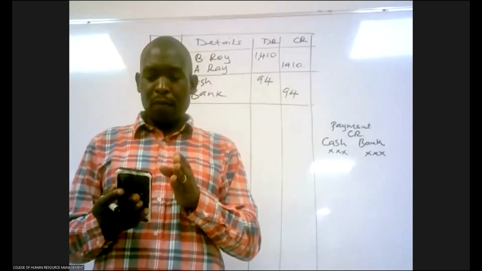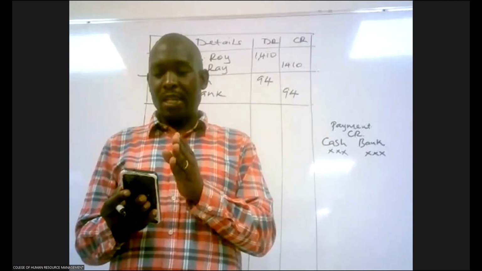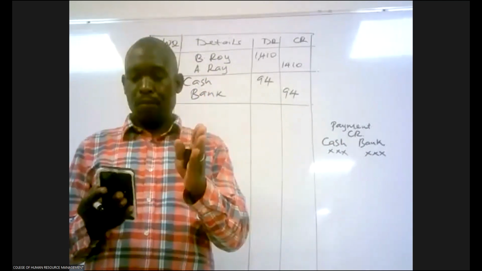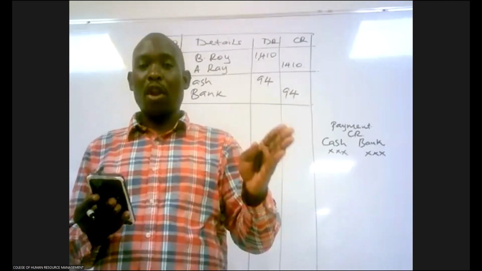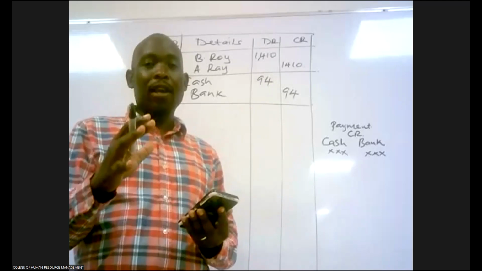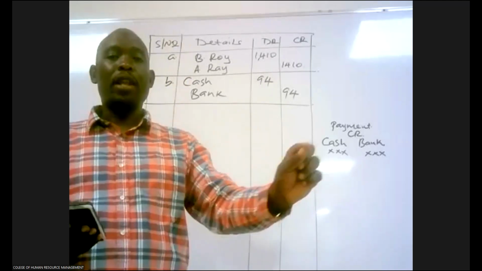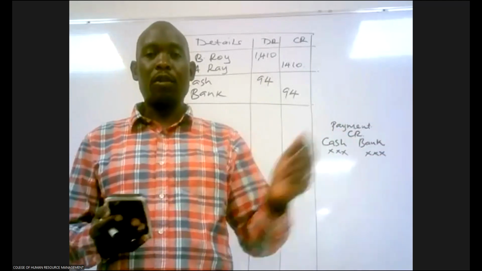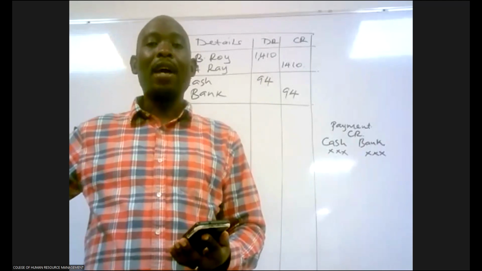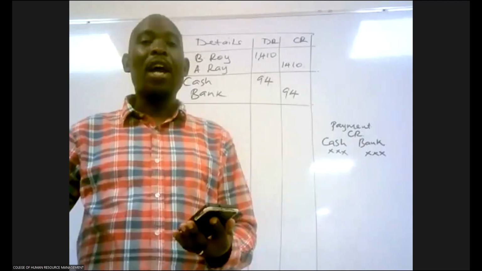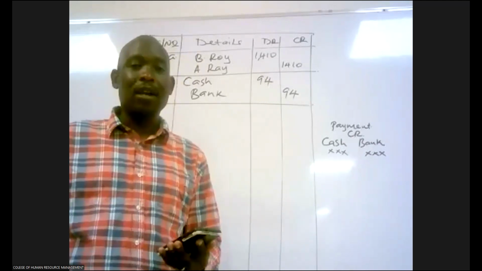Because we are told a check paid for printing had been entered in the cash column of the cash book instead of the bank column. So your understanding should be that when I pay for printing, I should debit the printing account and then I should credit the cash book. But now in the cash book specifically, I should credit the bank.